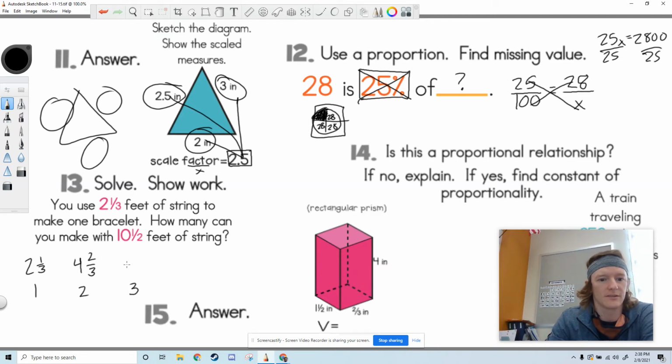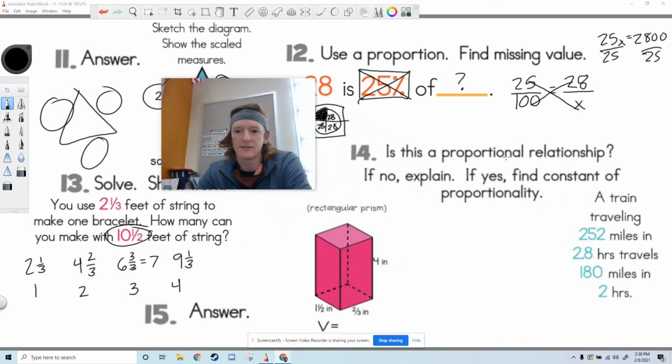If I add another one, it's going to put me at 6 3/3, which is equal to 7. If I have a fourth one, that's going to put me at 9 1/3. Go ahead and add another one. See if we can get another one before we hit 10 1/2. Know that this 2/3 is more than a half and 1/3 is less than a half.